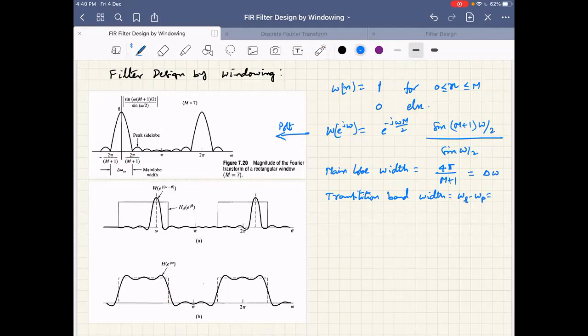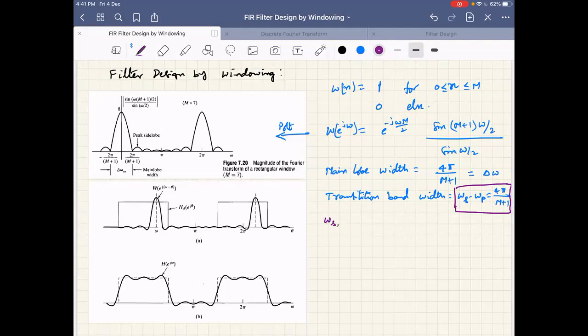For all practical and design purposes, we use this relation for relating the length of the window that is required for designing a filter for the given specifications.